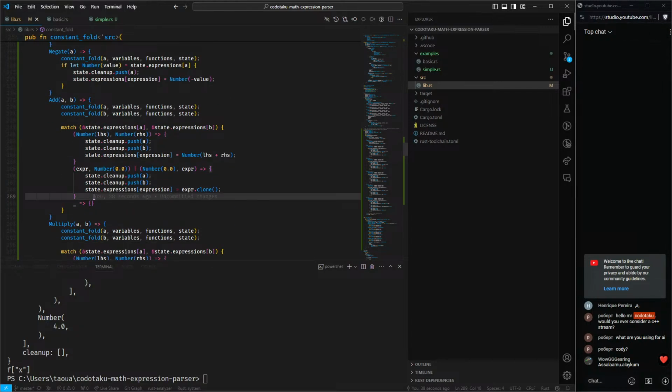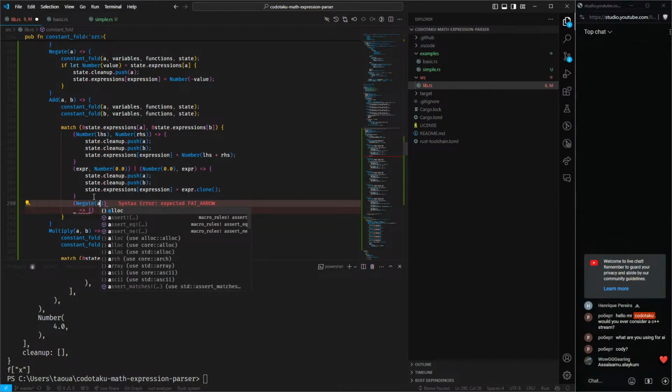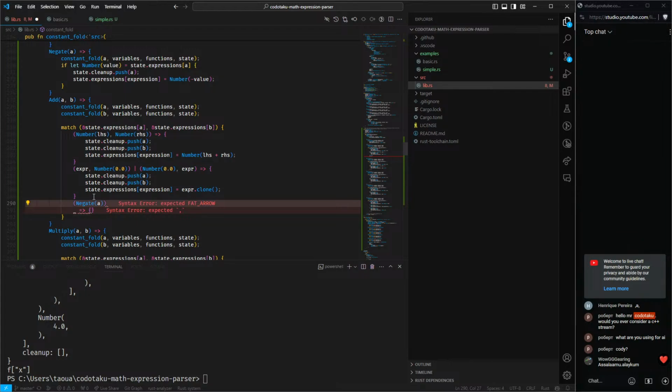Let me give you an example and maybe you're gonna see the pattern. So let's say we have expression A and expression B, add. Okay, if we have some negate, right? So negate A, or actually negate B, is it?